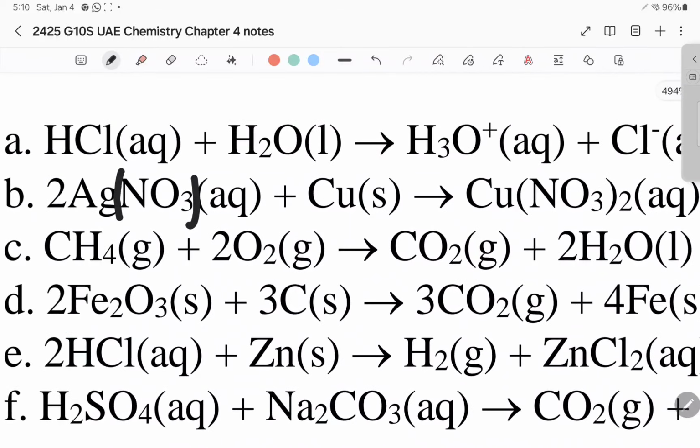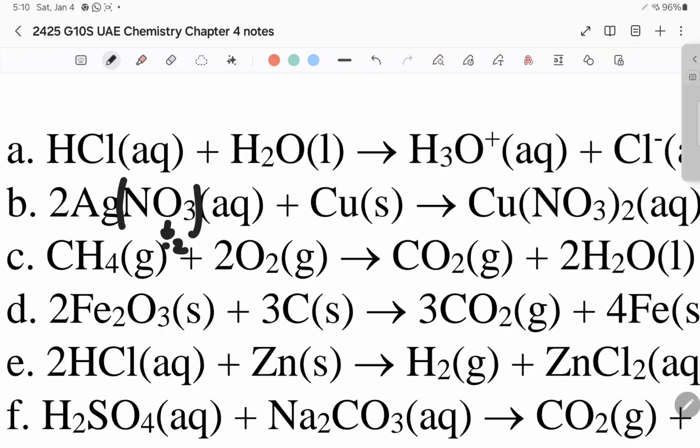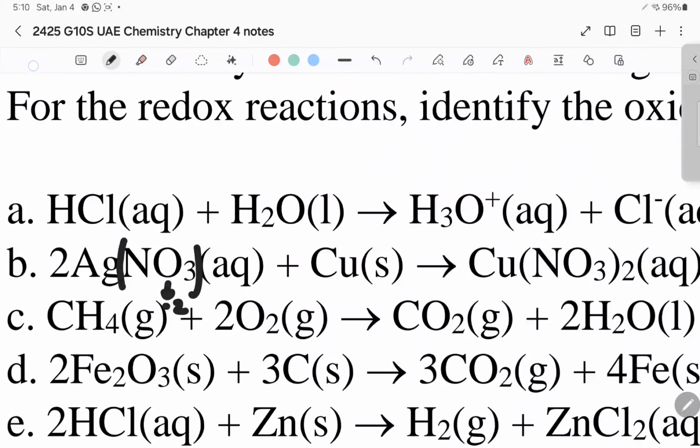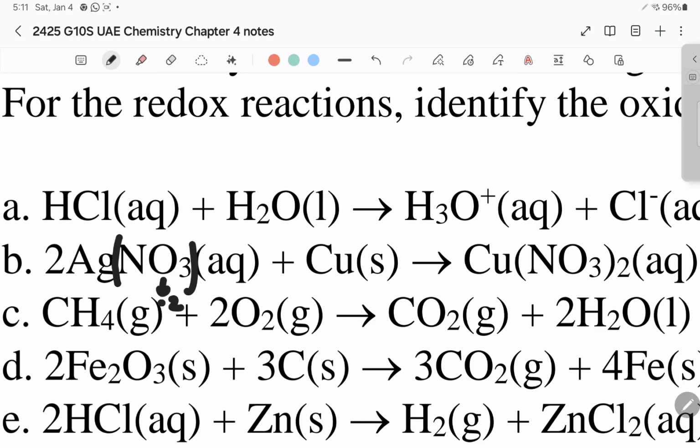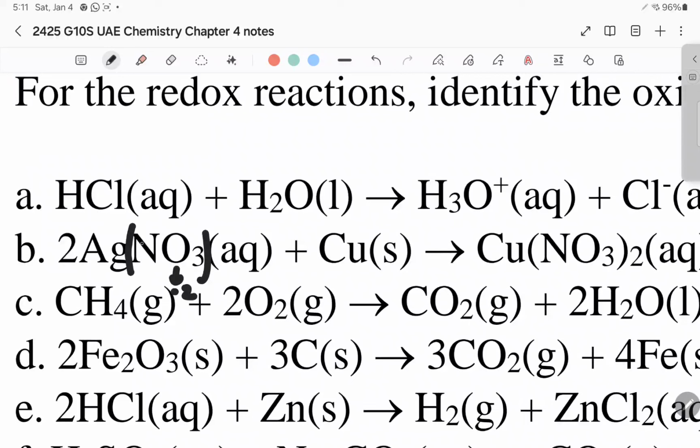So since NO3 has a charge of -1, we can find the oxidation numbers of each one by itself. Looking at NO3 alone, O3, we know it's -2 because it's O. I'm just going to write -2 above it.